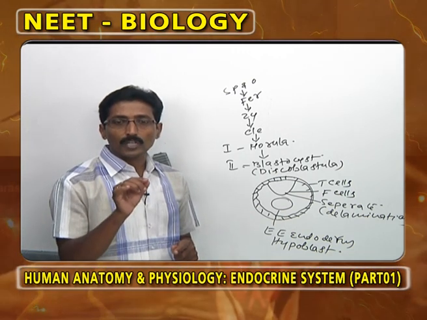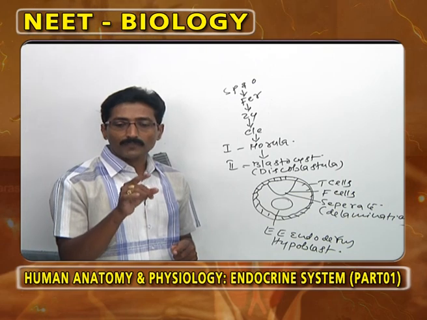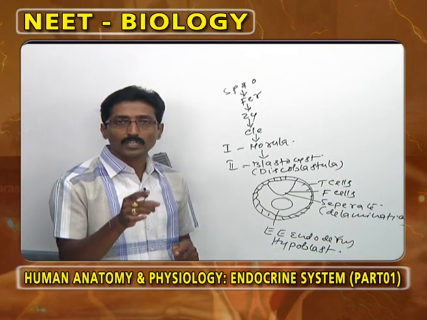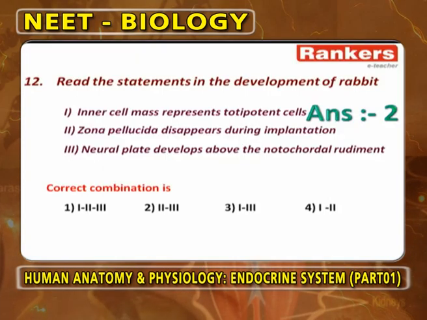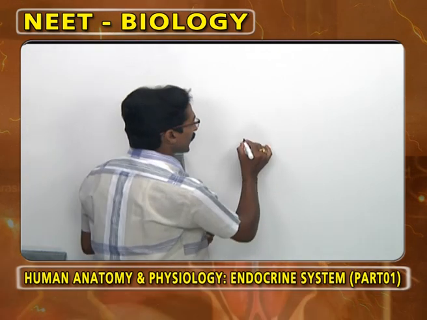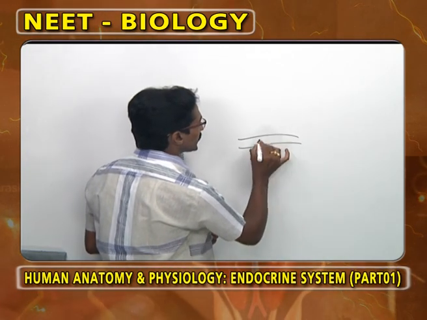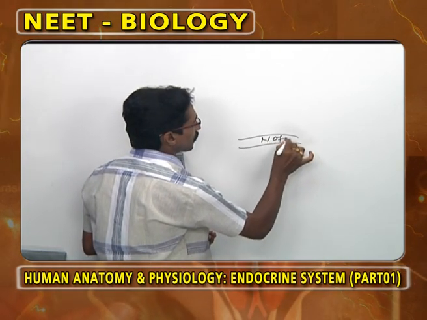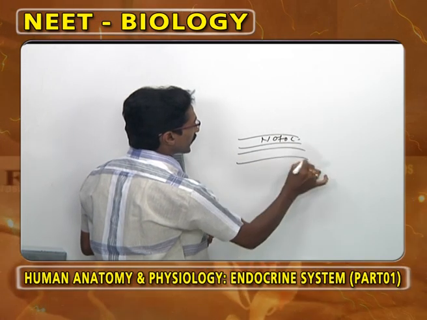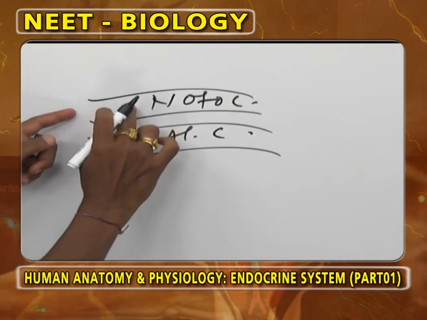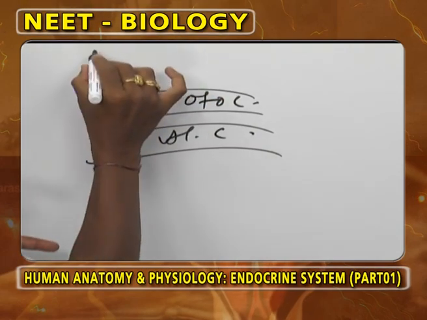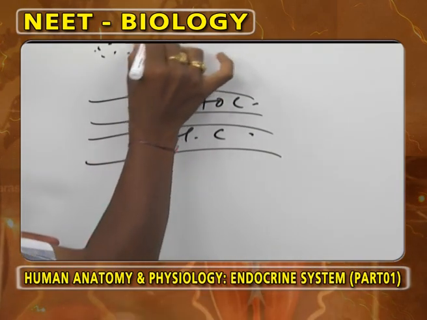Third, neural plate develops from the notochordal rudiment. Now, what is meant by notochordal rudiment? That is the primitive form of notochord. Now, this one we call it as the notochord, and this one we call it as elementary canal. Now, above notochordal rudiment, what are present?